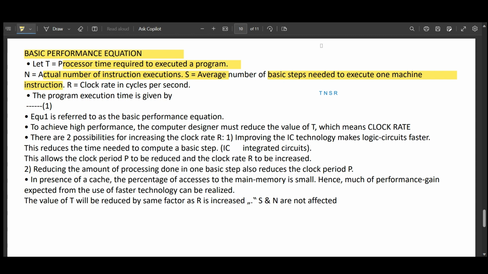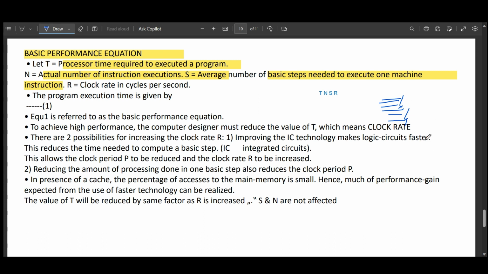If you all take an example, let me show. Let us consider my program has around some 6 lines. What I will do is divide this into three: three lines of instruction into one basic step, three lines of instruction into another basic step.